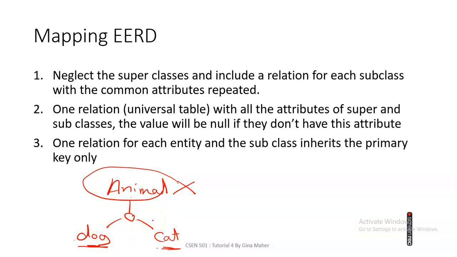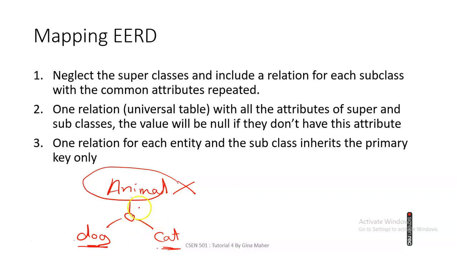What is the disadvantage of using such an option? In this case, there are a lot of repeated common attributes, which can cause redundancy. Also, we cannot model the partial condition, in which an instance belongs to the super only.